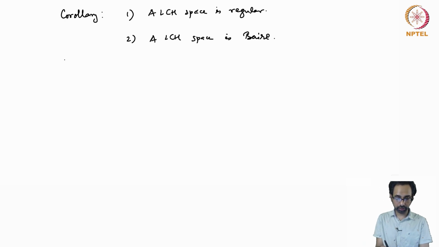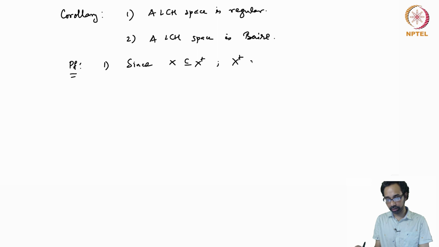So let me quickly write one line for each. The first one is because X is a subset of X plus, and X plus is regular, and subspaces of regular spaces are regular.